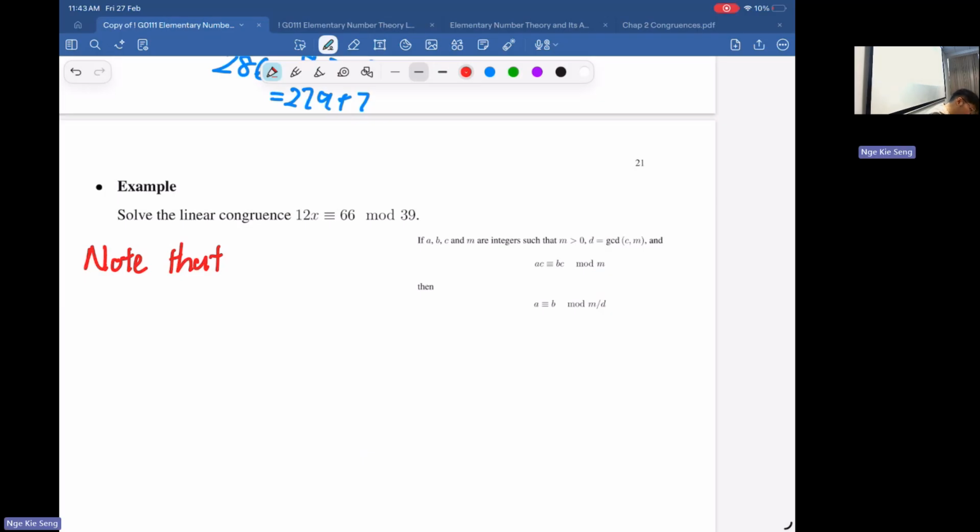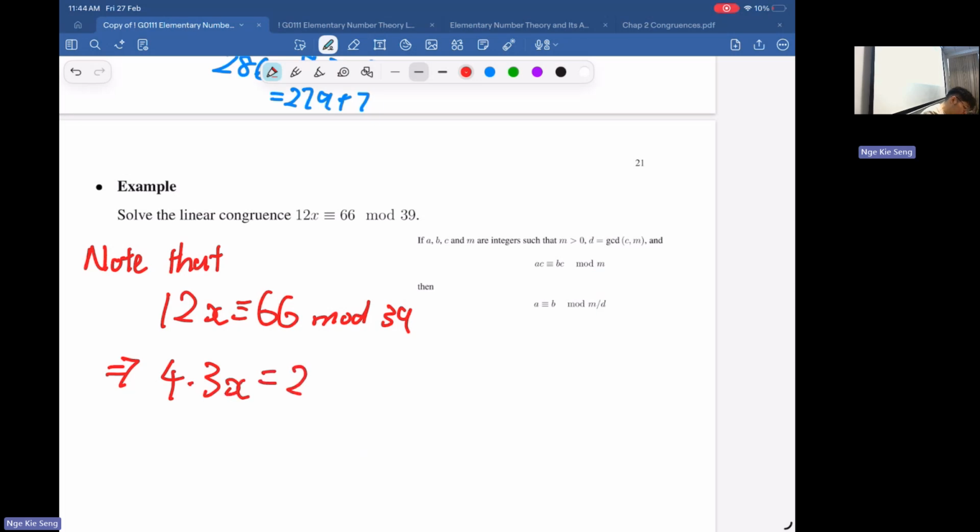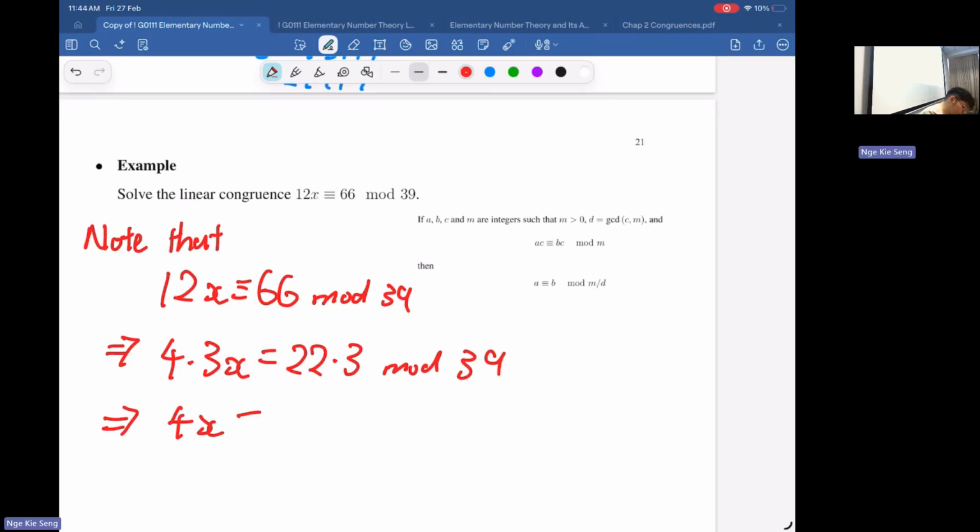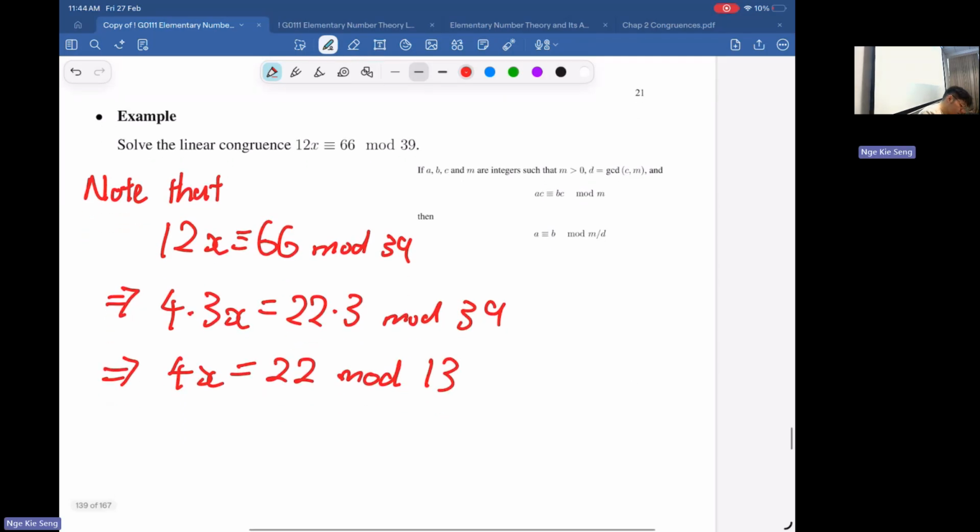Okay, so 12x ≡ 39 mod 66. Then this would imply that, okay, you basically pull the 3 out. And this will imply that 4x equals 22 mod 13.